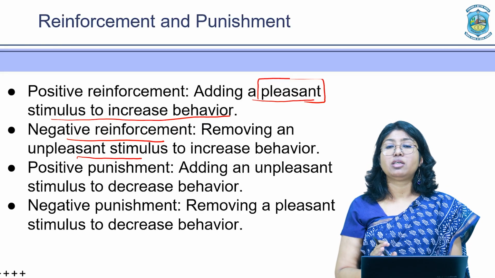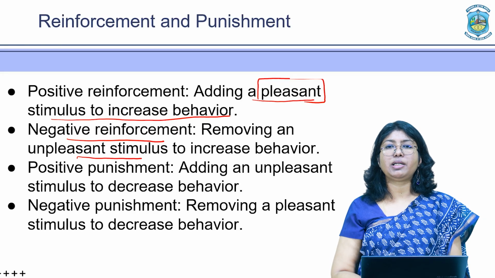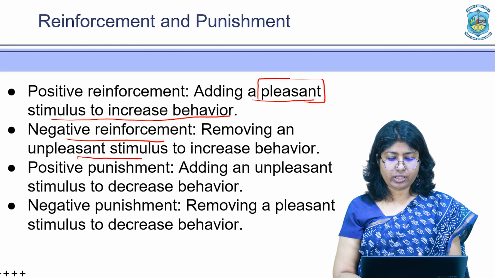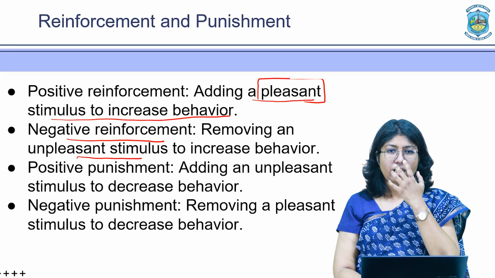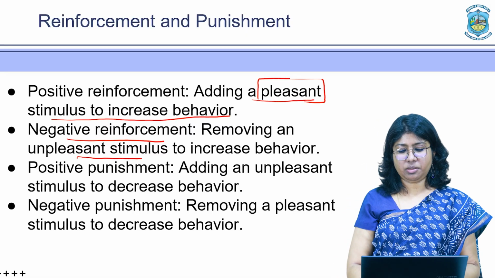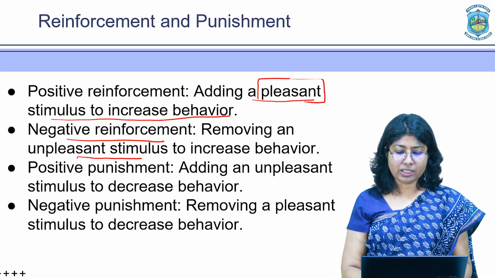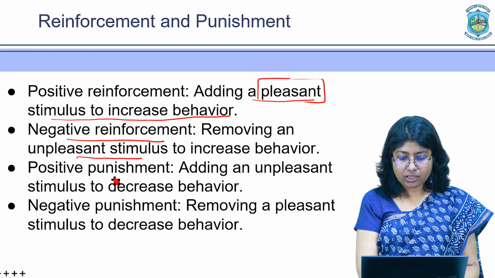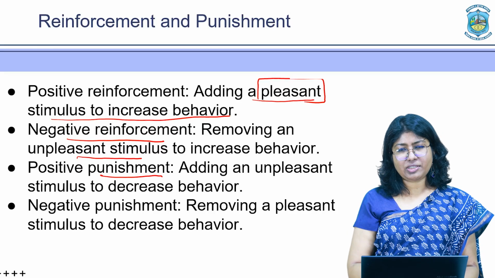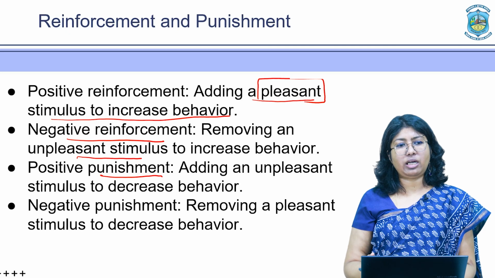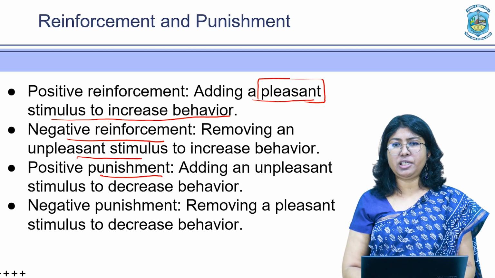With negative reinforcers, you are just taking something unpleasant from a person, and then you're expecting the behavior to increase, and this is leaving the person with a pleasant experience. What are punishments then? Punishments are those things which result in an unpleasant experience.